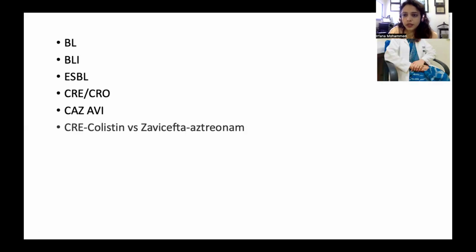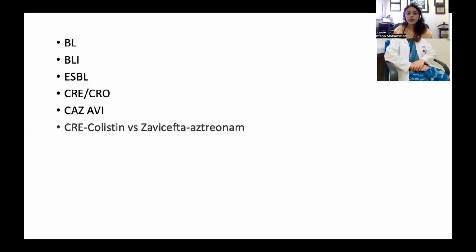So we are hearing it recently day in and day out that ceftazidime avibactam is the new kid in the block. So when do we choose ceftazidime avibactam? When do we choose colistin or polymyxin? In the head-on trials comparing colistin and Zavicefta, Zavicefta was associated with less mortality when compared to colistin.